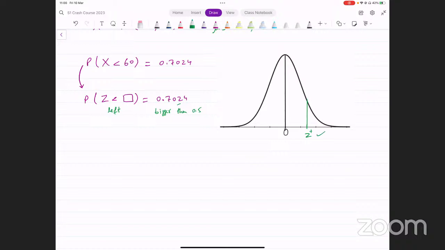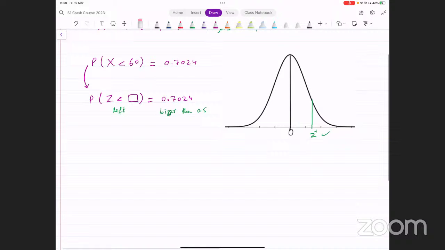This is where Z has to be, because only then can you have the area to the left of Z greater than 0.5. If you were to place Z on the left side, the area to the left of Z would be less than 0.5. We need it to be bigger than 0.5. So that tells us that the value of Z that we have is supposed to be positive. So this number is a positive number. That's what we have figured out.